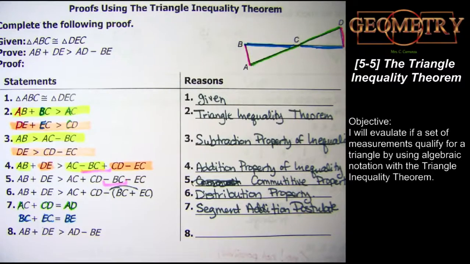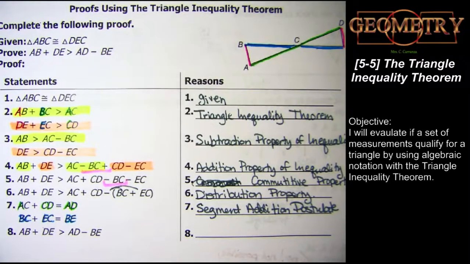Now, how did we get to 8? We're going to compare 6 to 8 because 7 has a bunch of equal signs and 8 doesn't. And so 6 was our last statement that had the inequalities. Okay, so if I look at 6, and I compare it to 8, what's the big difference? The A and B is the same.